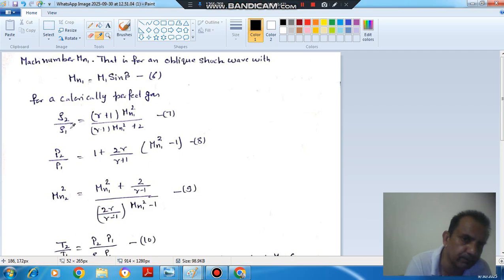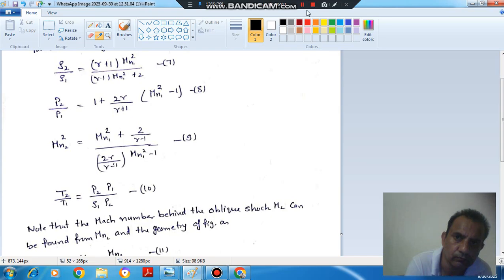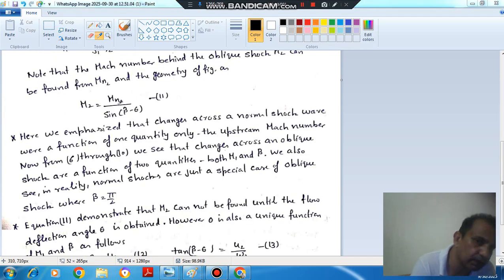So this is the density ratio, this is your pressure ratio, this is the temperature ratio. And after finding Mn2 we can find M2.